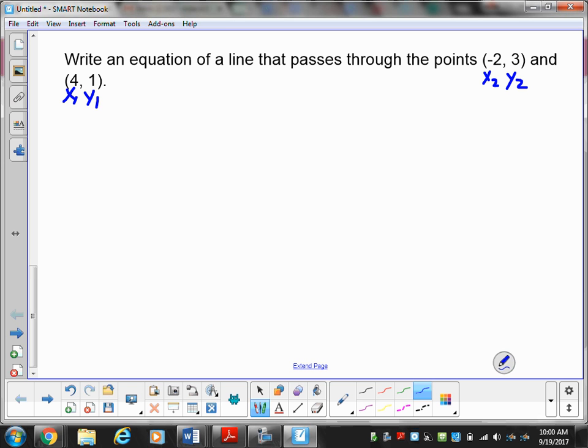So if we're dealing with point slope form, I need to know what the slope is. So how do you find the slope if you're given 2 points? Let's use the slope formula: y2 minus y1 over x2 minus x1.